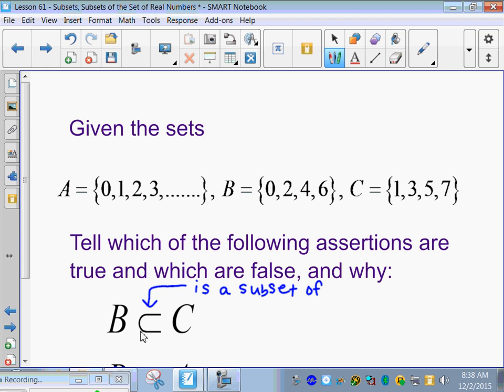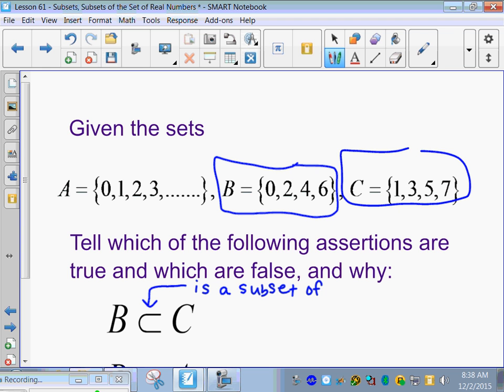Anytime you see this and you read it, you want to read it to yourself: B is a subset of C. So I want to know, is that true? Is B a subset of C? In order to be a subset, all the elements from that set have to be in the other set. What do you guys think? No, C does not have those numbers in it, right? So this would be false.